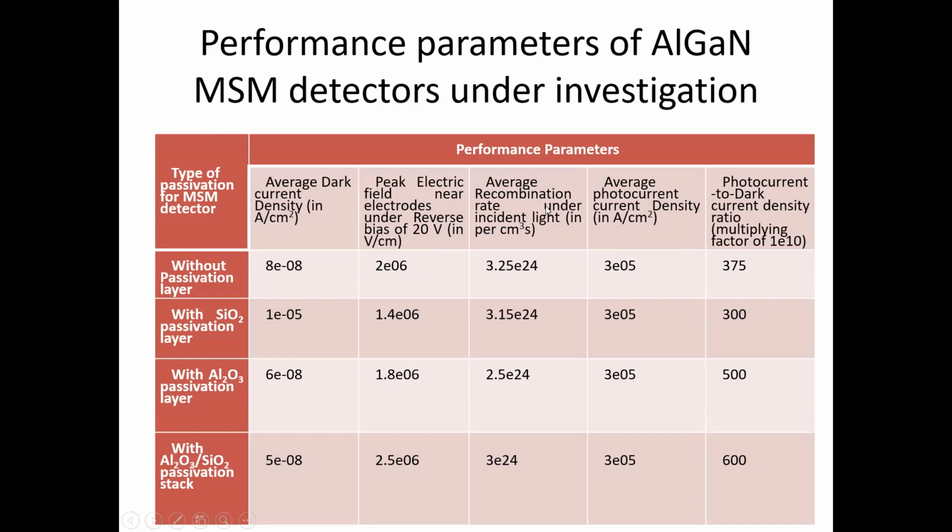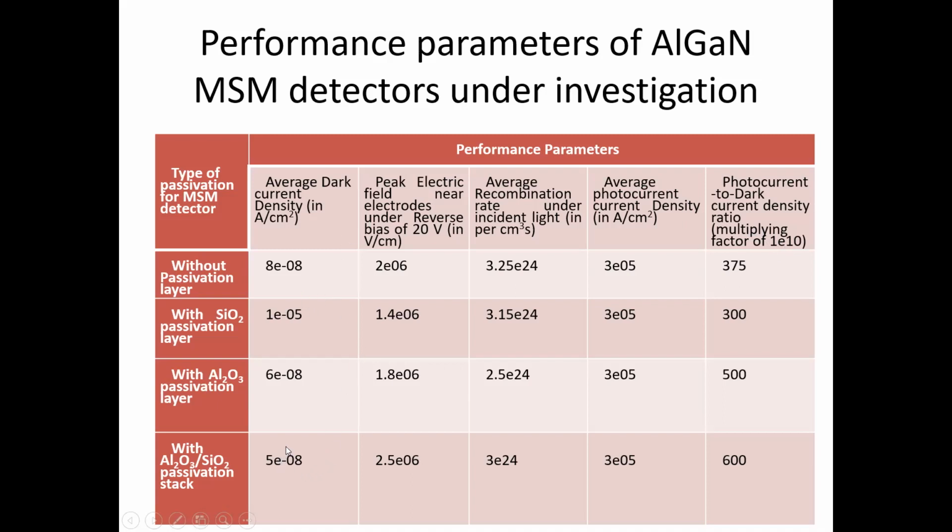The next column is the average recombination rate when incident light is focused on the detector, in per centimeter cube second. The average photocurrent density is also noted, and the last column is the ratio between photocurrent and dark current density. This is with a multiplying factor of 10 to the power 10.